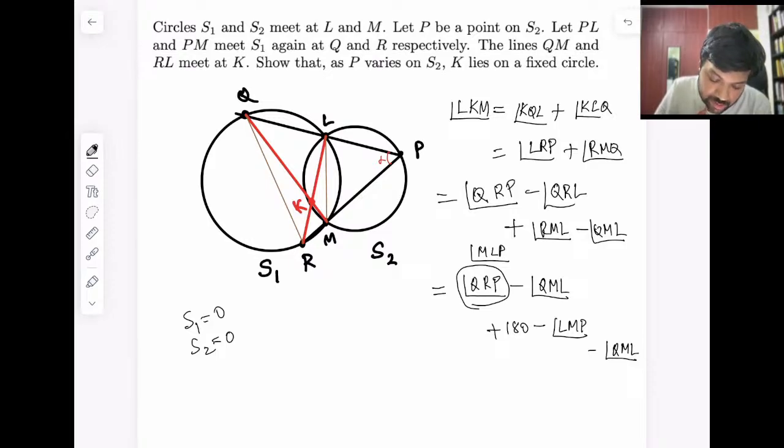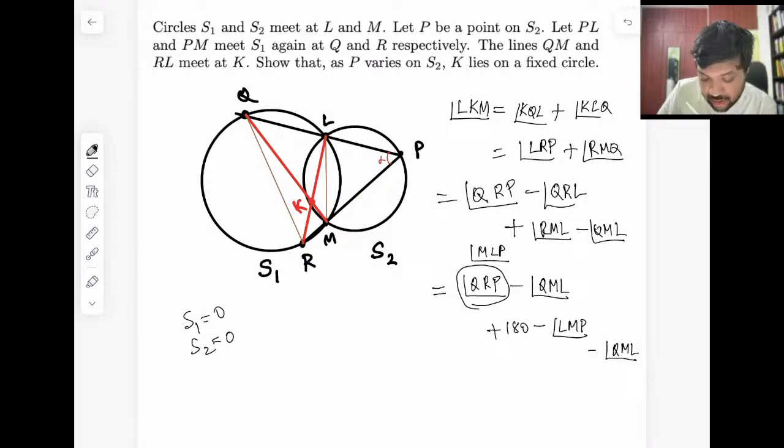S1 equal to 0, S2 equal to 0, the point P. That's true. Abridged coordinates. I think this can be done by abridged coordinates. It looks very abridged.